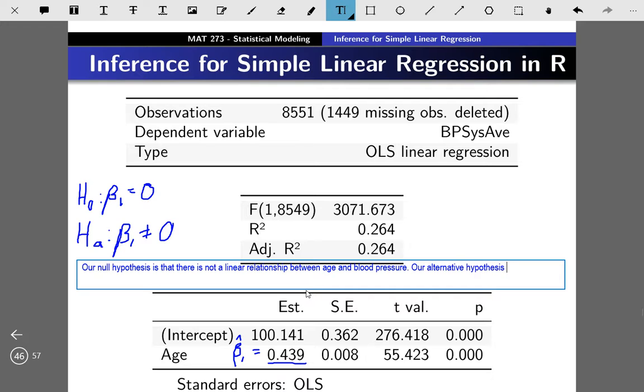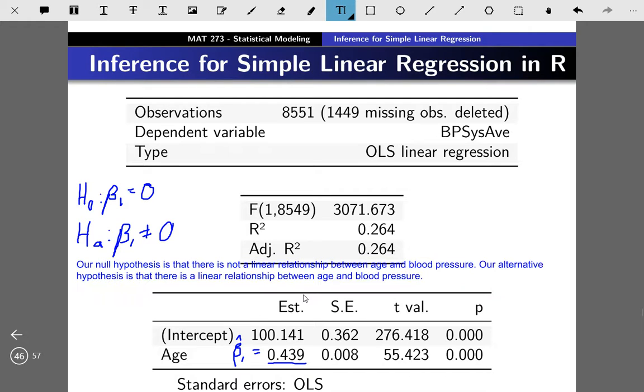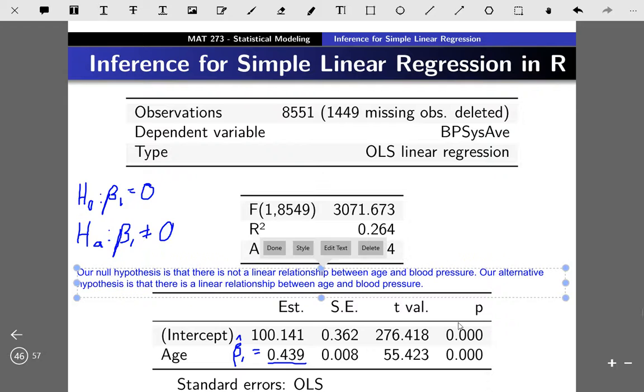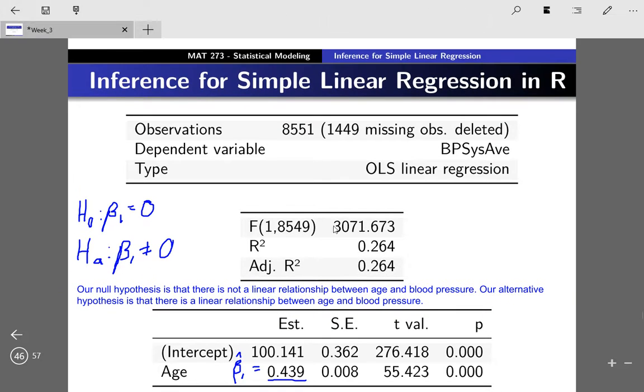Our alternative hypothesis is that there is a linear relationship between age and blood pressure. Okay, so that's stating our hypotheses.